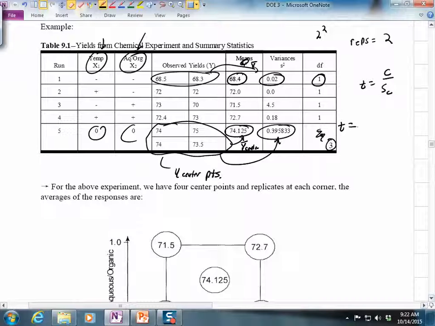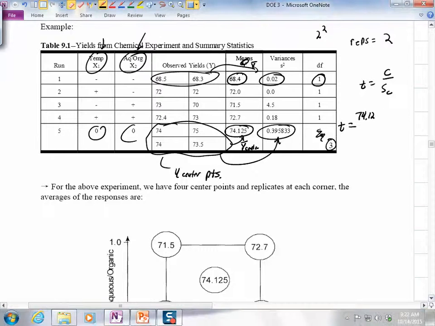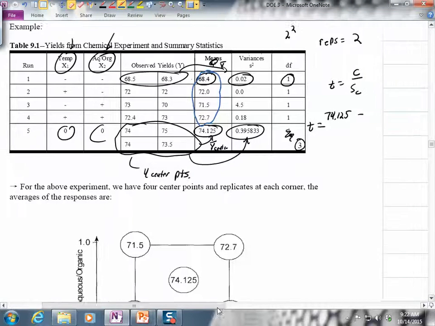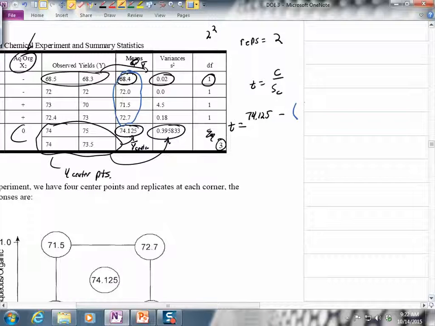So C is the average of our center points, right? Minus the average of our corner points. Which are those guys? So I would take 68.4 plus 72.0.